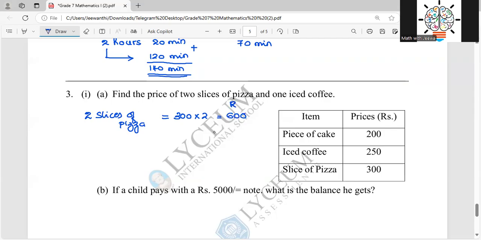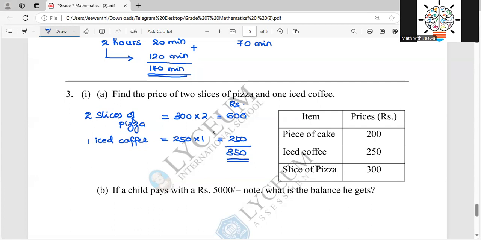And here I write the rupees. And 1 iced coffee, that is 250 into 1. And this is 250. And when you get the total, it is 850 rupees.